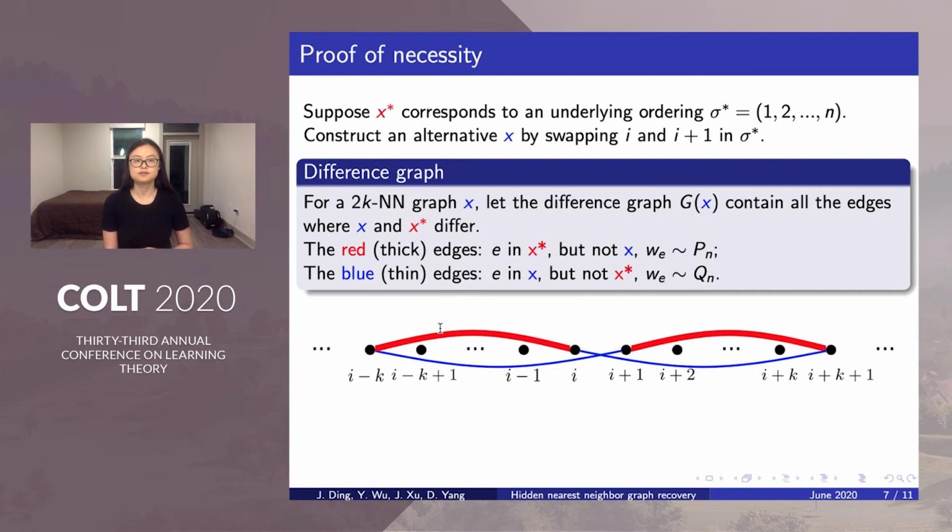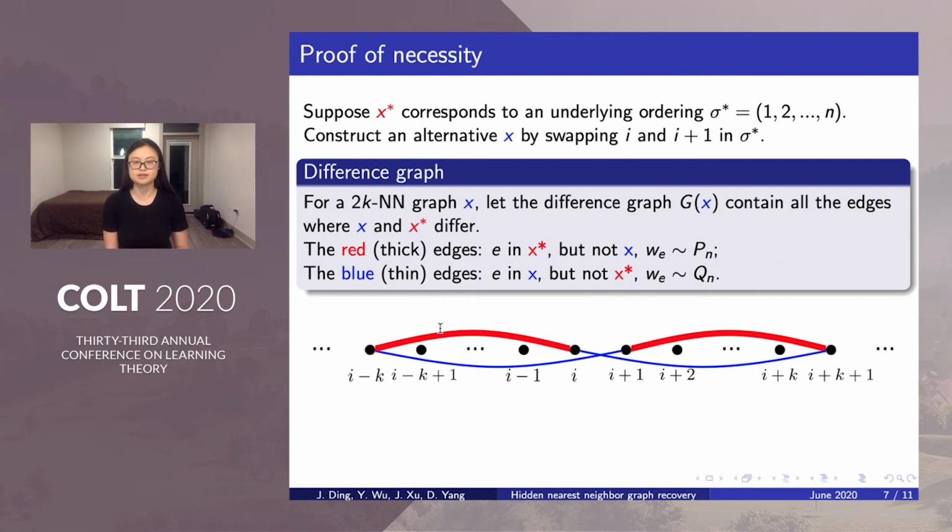For an alternative solution X, its difference graph simply contains all the edges where X and X star are different. For example, if you look at the thick red edge from i minus k to i, it is an edge in X star because under the Xu ordering, the vertices i minus k and i are of distance k to each other.